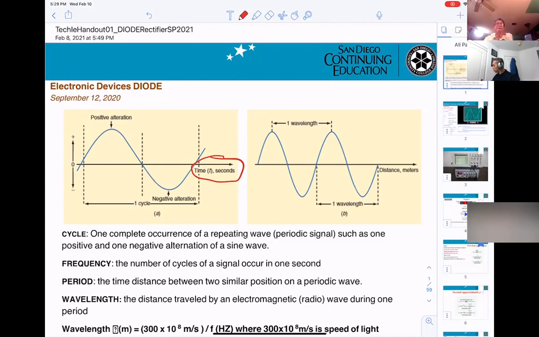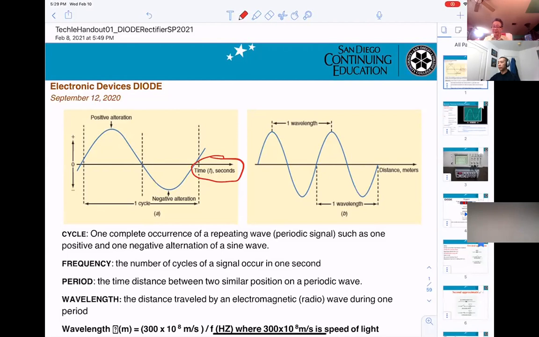That's the definition for a cycle. And the definition for frequency is the number of cycles of a signal that occur in 1 second. Period is the time distance between two similar positions on a periodic wave.